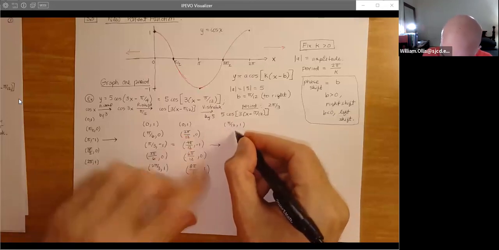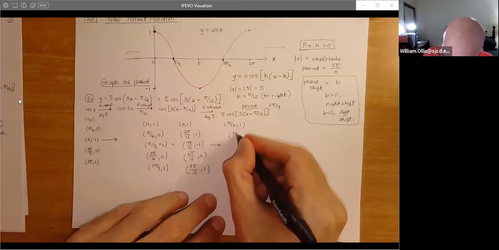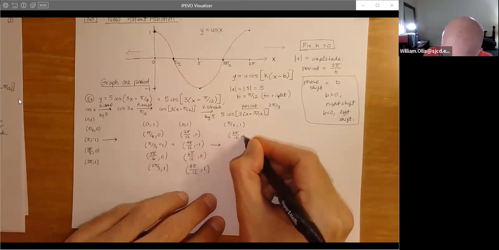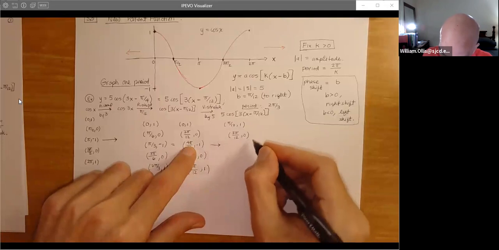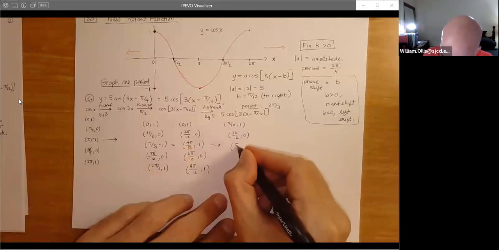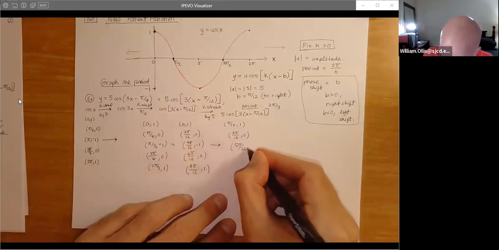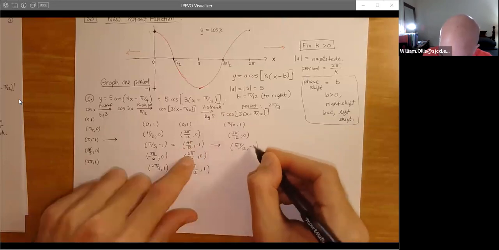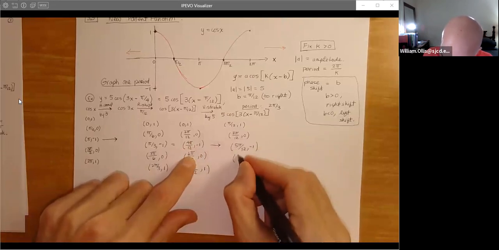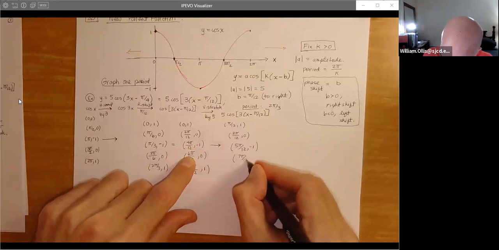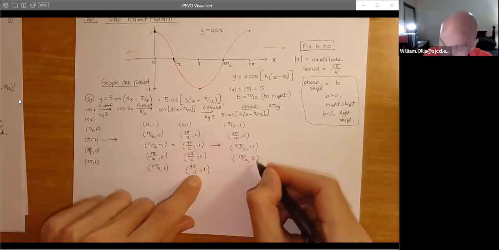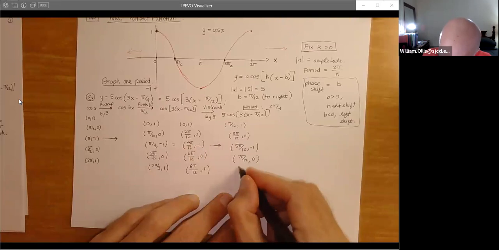Then we get what? 1 plus 2. So 3 pi over 12, 0. 4 plus 1, real hard, right? 5 pi over 12, negative 1. Then we get a 7, right? 6 plus 1, 0. And then what? 8 plus 1 is 9. Don't reduce.